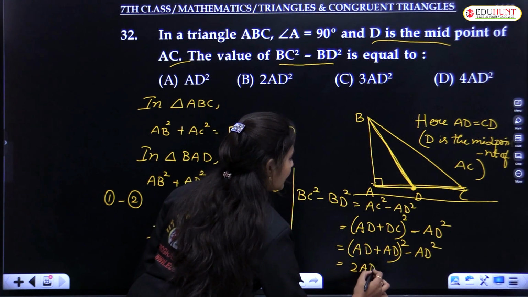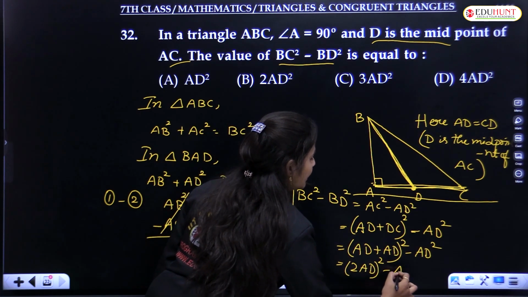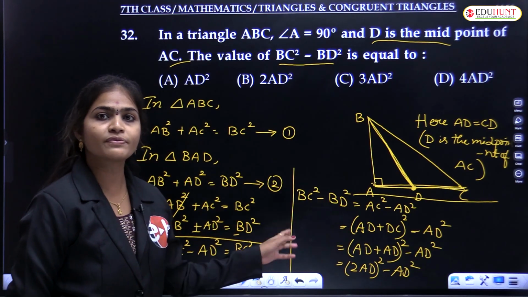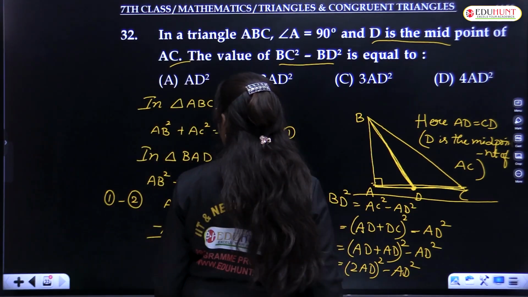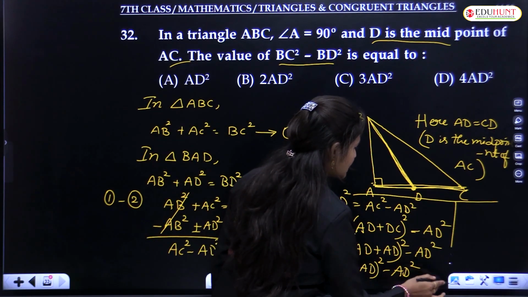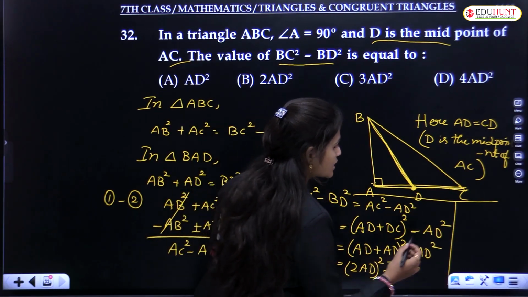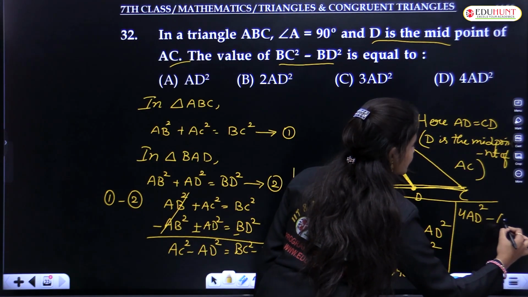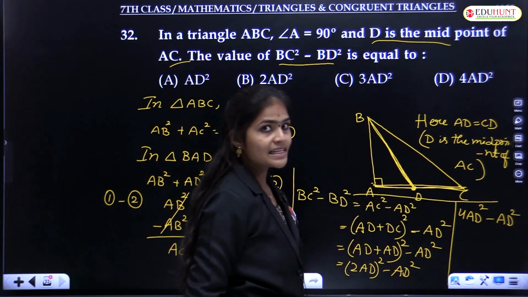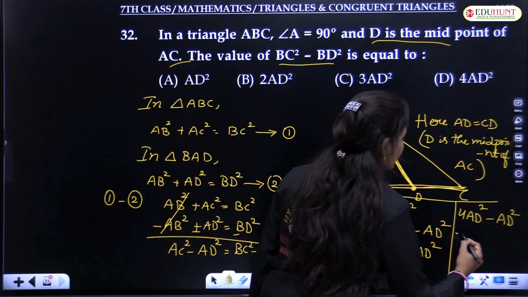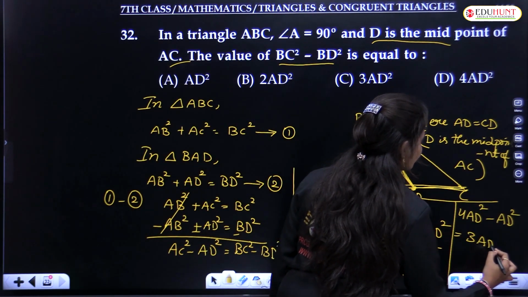So 2AD whole square minus AD square. 2AD whole square is 4AD square minus AD square. So 4 minus 1 is equal to 3AD square.